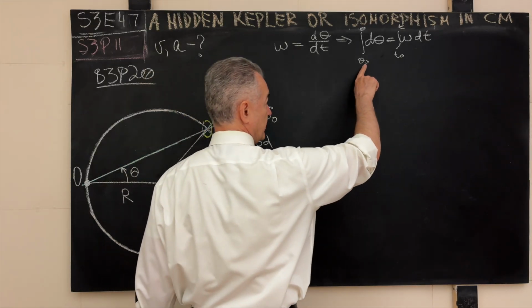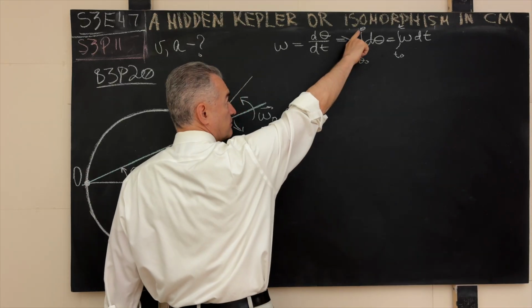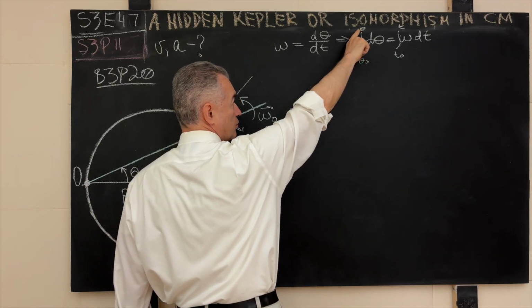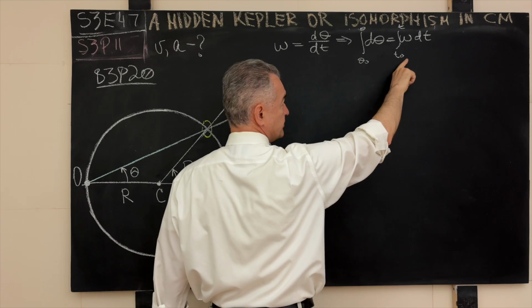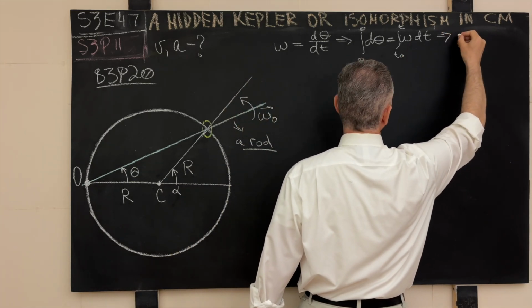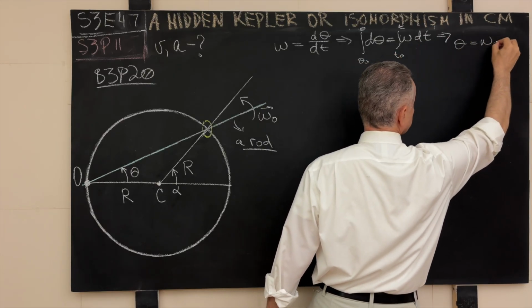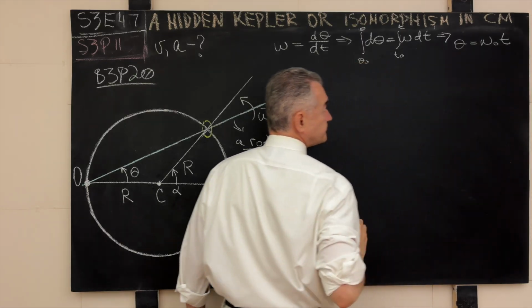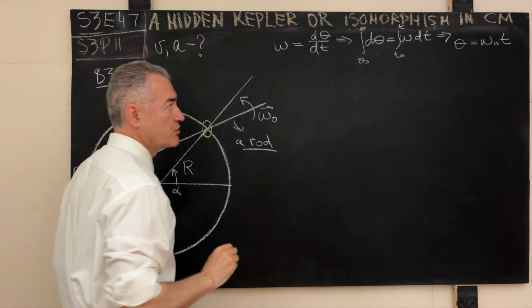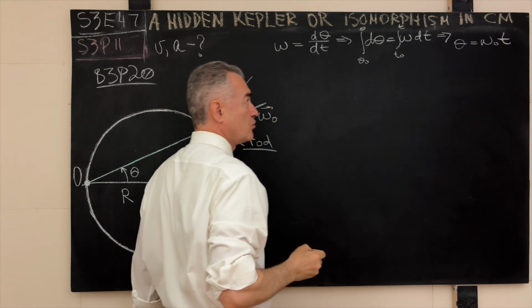In this case, let's say angle theta 0 will be 0, some non-zero angle will be theta, t0 will be 0, and omega is omega 0. Once we integrate this, we have theta equal to omega 0 t. We know this as a function of time. That is wonderful.